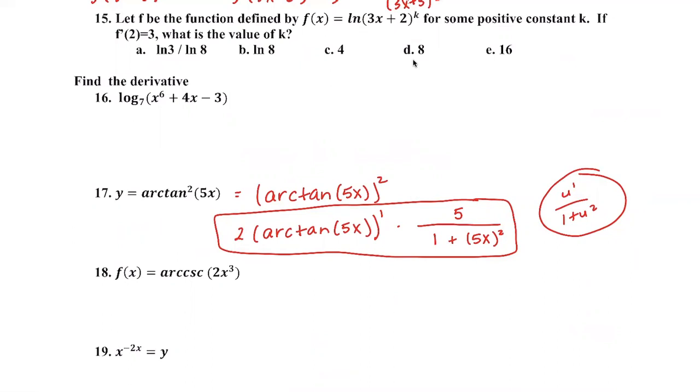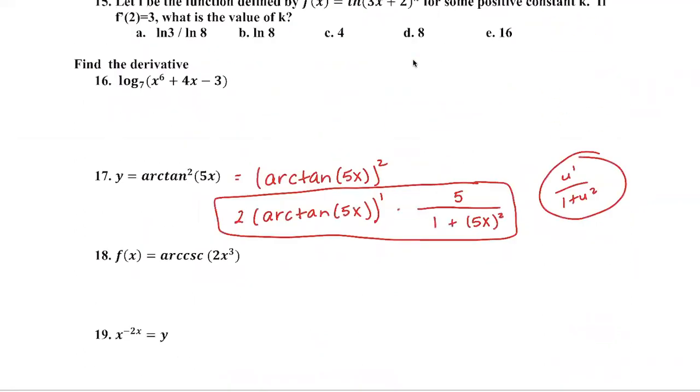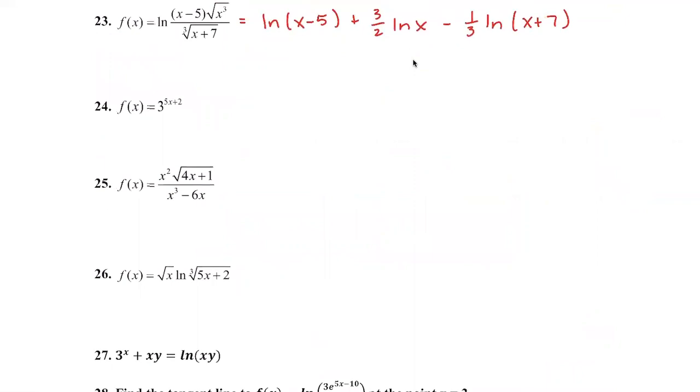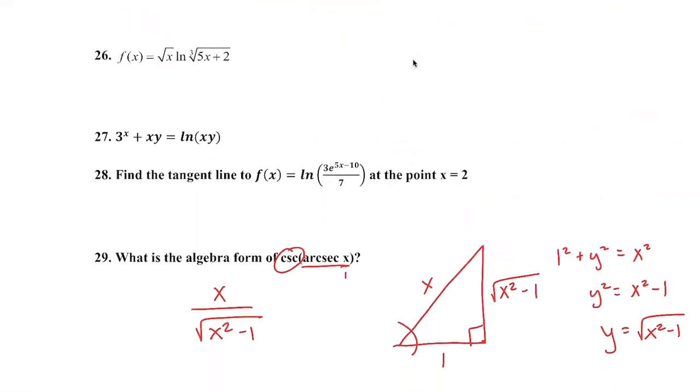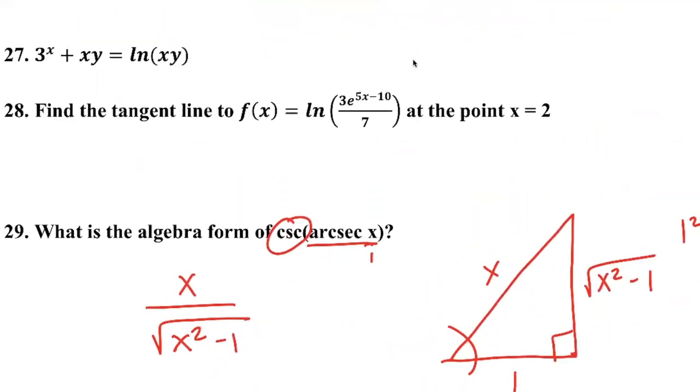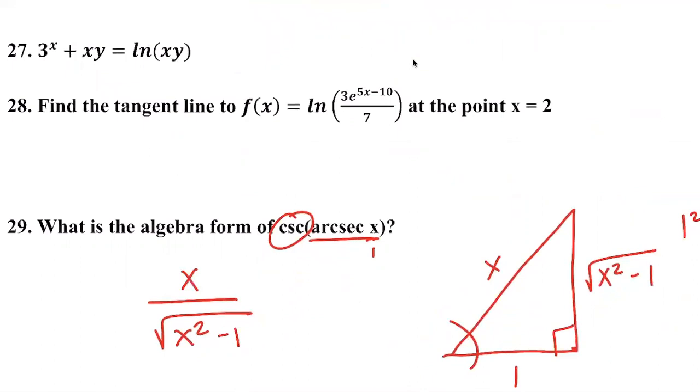Can we do one with the tangent line? You want to do the tangent line one? Yes. So it says find the tangent line to this at the point where x equals 2. Well, the first thing I would do with this, since it's an ln, is expand it out.